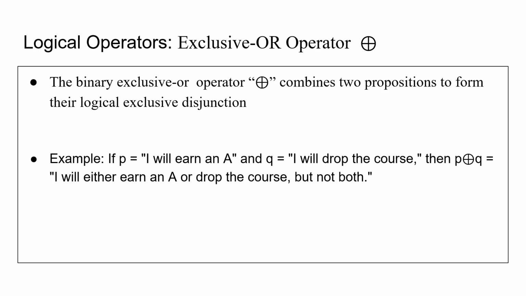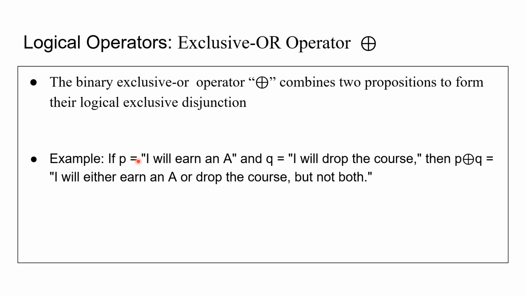Right? So let's move to the fourth logical operator, exclusive OR. It is a binary operator. It combines two propositions to form its result. Let's see an example to understand its meaning.